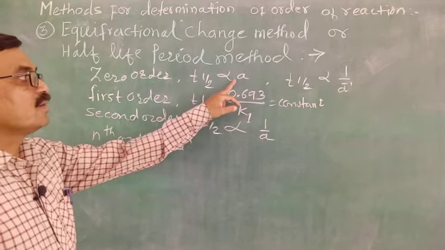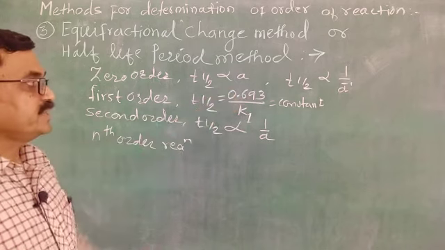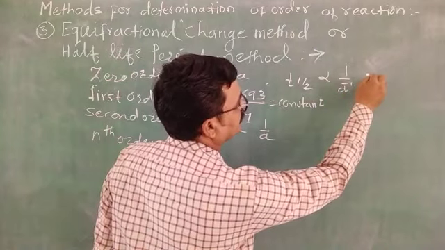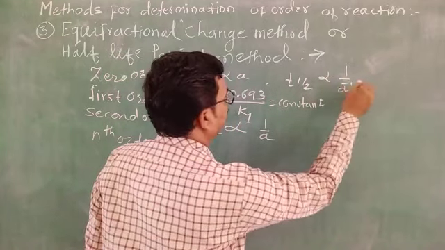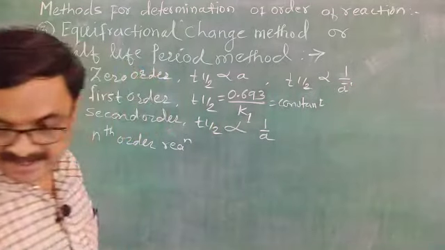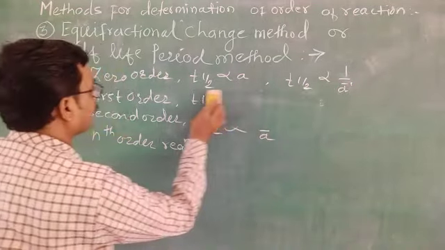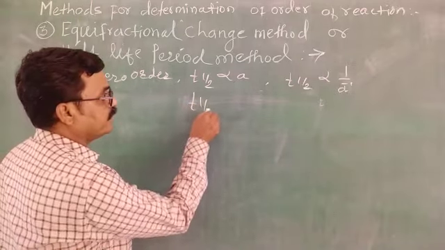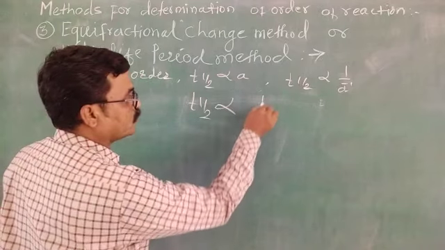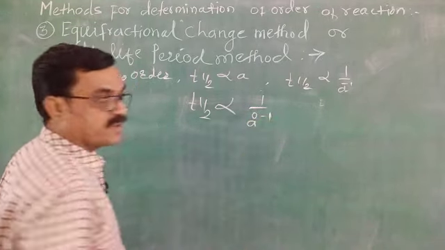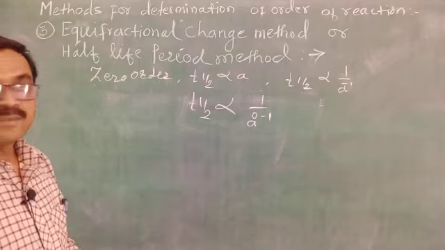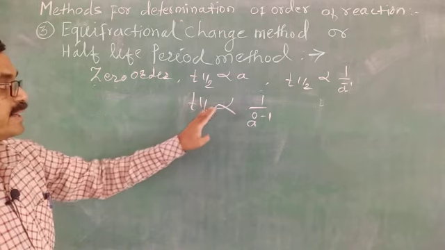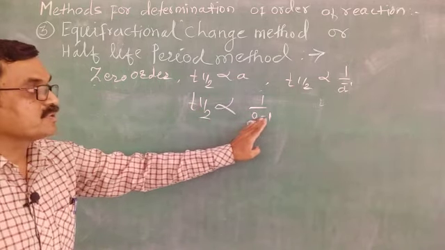Or further, T half is proportional to 1 upon A raised to power 0 minus 1. Means for zero order reaction, T half is directly proportional to A, or we may write T half is proportional to 1 upon A raised to power 0 minus 1.